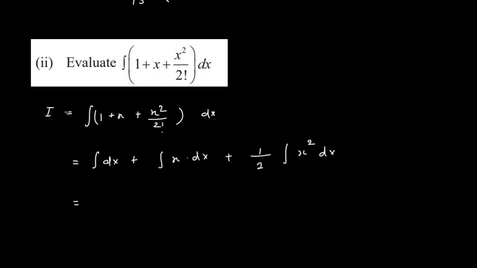Integration of dx, what you will get? You will get x, because here it is 1 into dx. We have seen that integration of 1 is x, or you can consider that this is 1 into x power 0 and apply the formula for x power n, plus here integration of x is x square divided by 2, plus here it is 1 divided by 2, integration of x square is x cube divided by 3, and plus finally we have c.